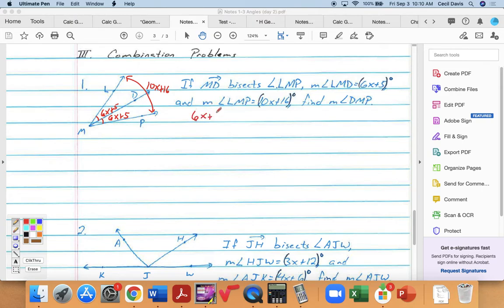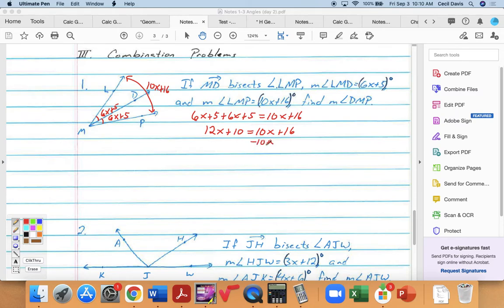So it's 6x plus 5 plus 6x plus 5 is equal to 10x plus 16. There are other ways to set this one up, but I think that's the most straightforward. So that'd be 12x plus 10 is equal to 10x plus 16.